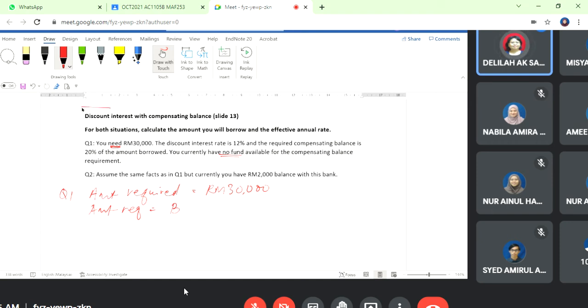But because this is a discount interest loan, okay, remember discount interest loan, interest tu dia tolak daripada pinjaman tu dulu. Let's see. I did tuck it up there.